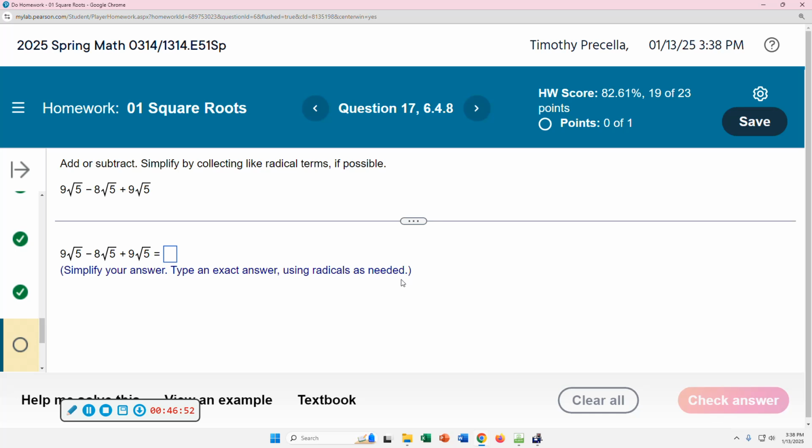We can add these together because they all have a square root of 5 as the radicand.